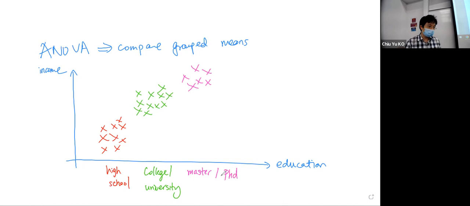So you can definitely see the income level. This is the mean of master, Ph.D, this is the mean of college or university, and this is the mean of high school. Obviously, the three means are different, right?